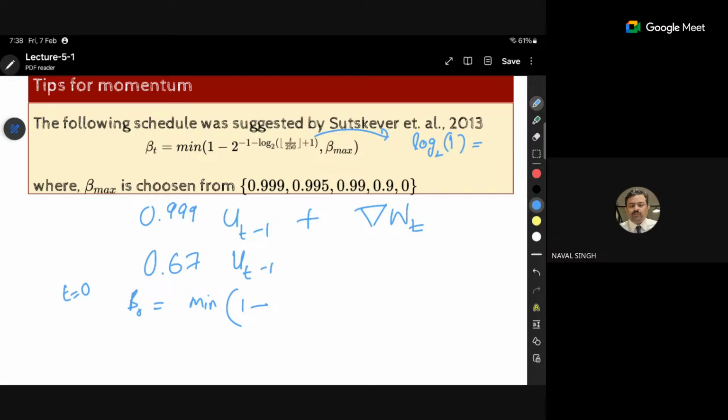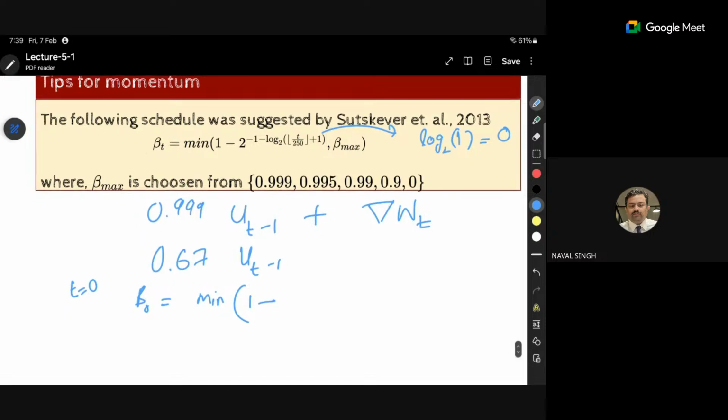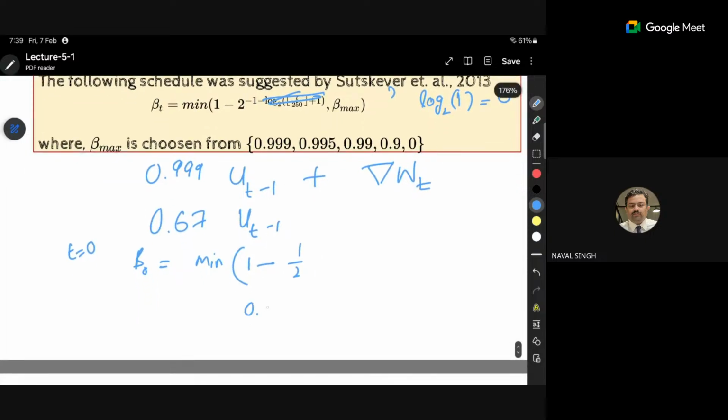And anything, any base, log of 1 is 0, right? So this value is 0. So this whole term will go away, and I have 2 power minus 1, or 1 by 2. So I start with 0.5.